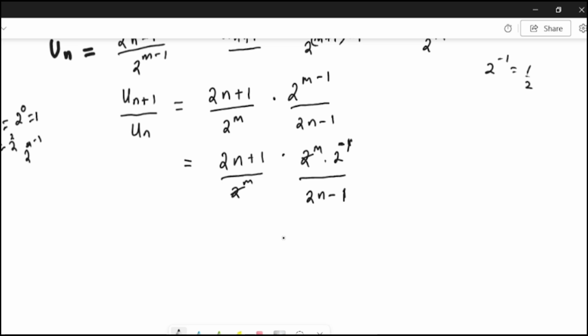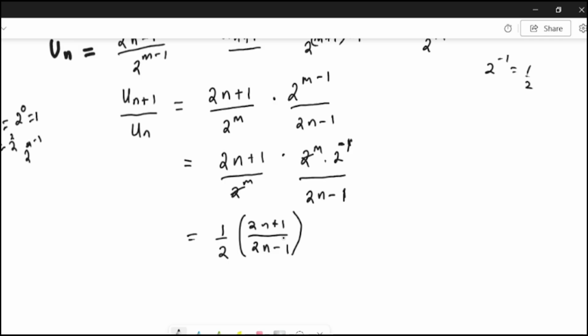So we're going to change this one. It will give us a half into 2n plus 1 over 2n minus 1. But now we're not done yet.